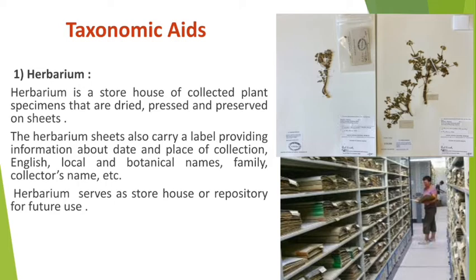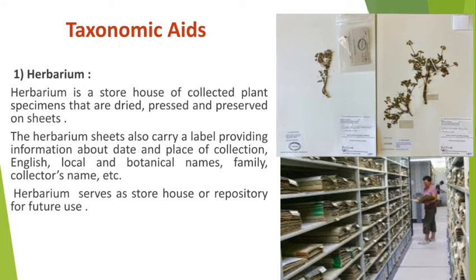Now for example, if some plants are endangered or have become extinct, but that information is already in that herbarium, in that storehouse, then we may learn about them though that plant is not present with us. And if that plant is present in another country, other than India, but the sample is there, then you may learn.